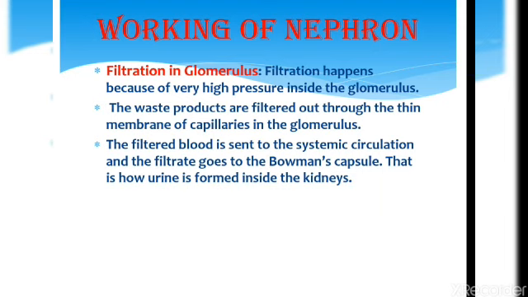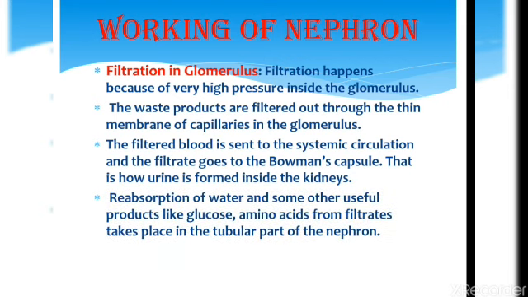These nutrients like glucose, amino acids and most of the water are useful to our body, so they are reabsorbed when the filtrate passes through the long tubule of the nephron. It happens because the tubule is surrounded by a fine network of blood capillaries, and this process is called selective reabsorption.